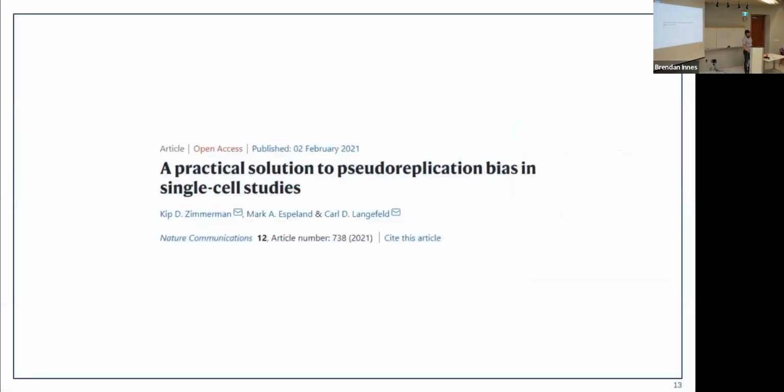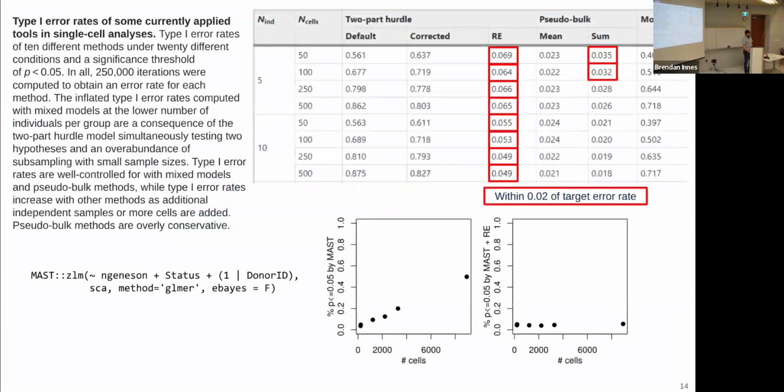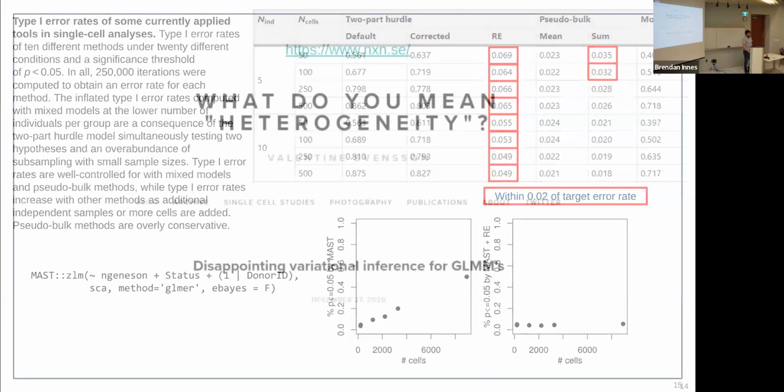All right, so as an aside, it turns out that a subset of the single cell community has been not making the pseudo-replication error and using these random effects for a while. Those are probably people that are statisticians.